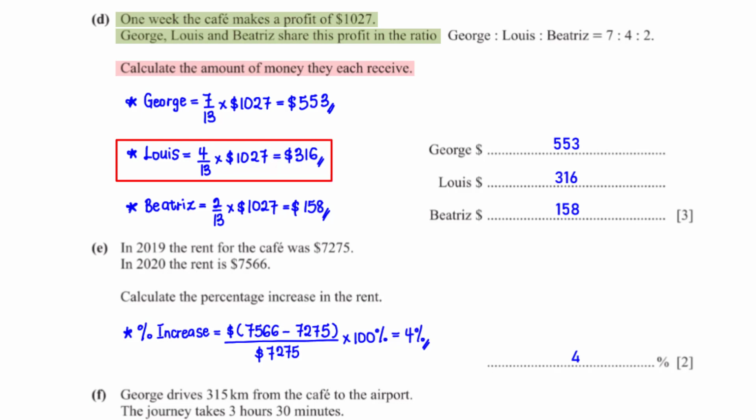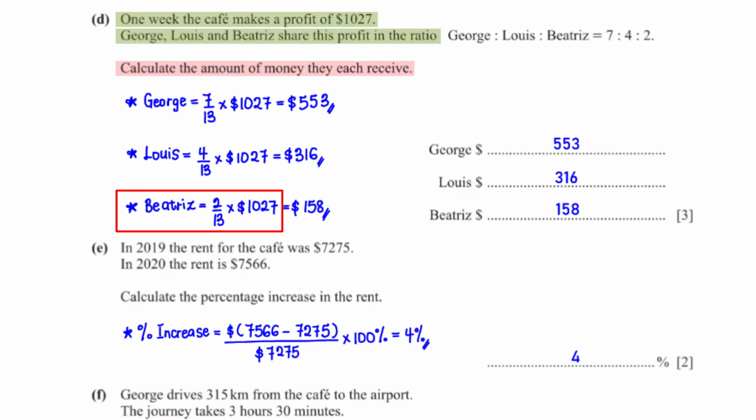This gives us $316. The amount Beatrice receives is equal to the ratio share for Beatrice, which is 2, divided by 13 times $1,027. This gives us $158.